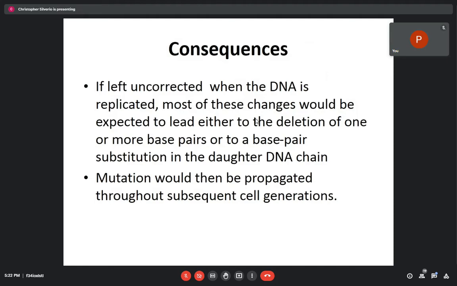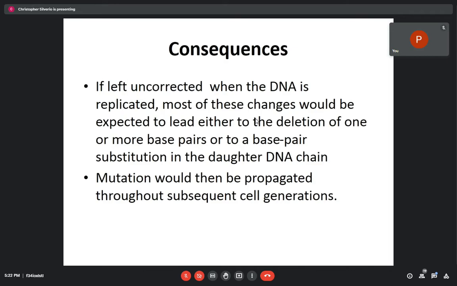So, if this DNA abnormality will not be corrected, what will happen to this uncorrected DNA? It will be propagated, or continuously transmitted, from generation to generation, from one offspring to another.